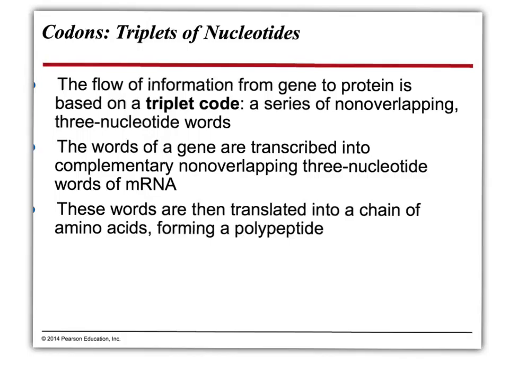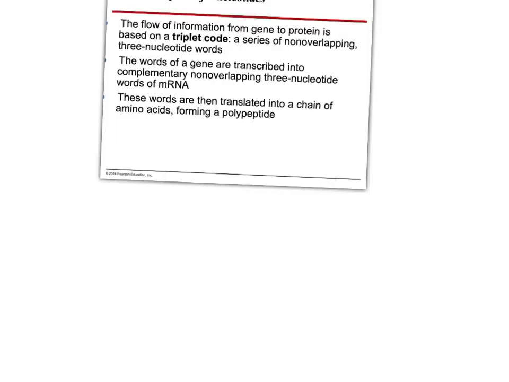There are 20 amino acids, based upon the 3-letter code and having 4 options for each letter. It's like 4 to the 3rd power. That means there are 64 possible codons, possible triplet combinations. I saw a puzzled look back there, so if we go like this: here's 1, 2, 3.